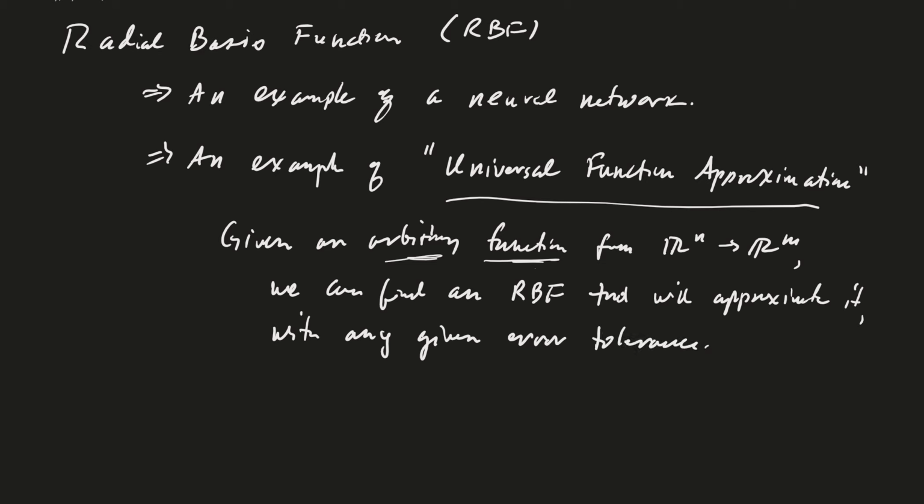Okay, and so that means that if I have some data set that I want to find a function for, then I can find an RBF that will approximate the function to an arbitrary degree of fineness. And I even have to be careful with that because we're assuming that we have enough data that actually defines the underlying function, and so that can be a bit of a misnomer as well. Anyway.